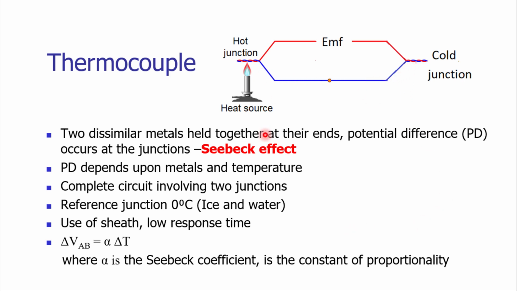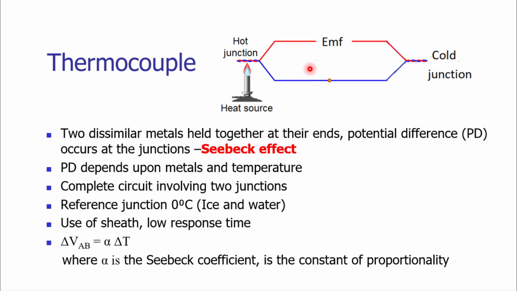So as more electrons move from the hot junction to the cold junction, the negatively charged particles would be more at the colder junction and the positively charged particles would be more at the hot junction.